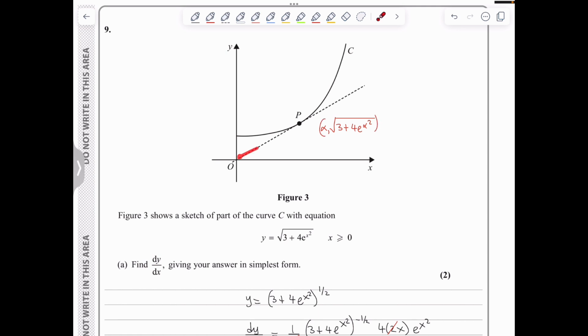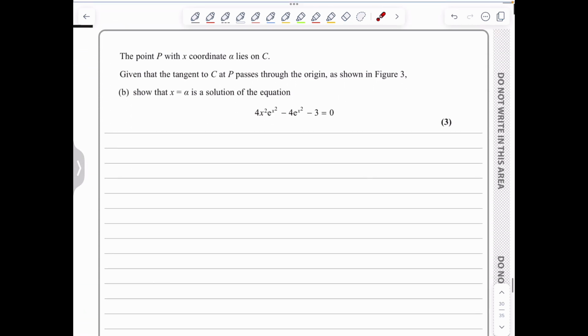I will find the gradient of OP because we know that this tangent here passes through the origin. So this will simply be the y-coordinate of P over the x-coordinate of P, rise over run, which means that the square root of 3 plus 4e to the alpha squared over alpha is the gradient of OP, which is also the value of dy dx at x is equal to alpha.